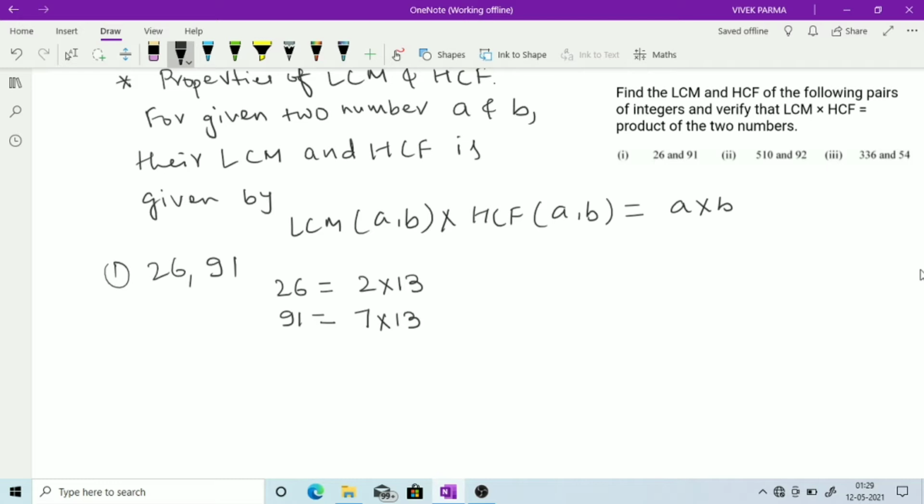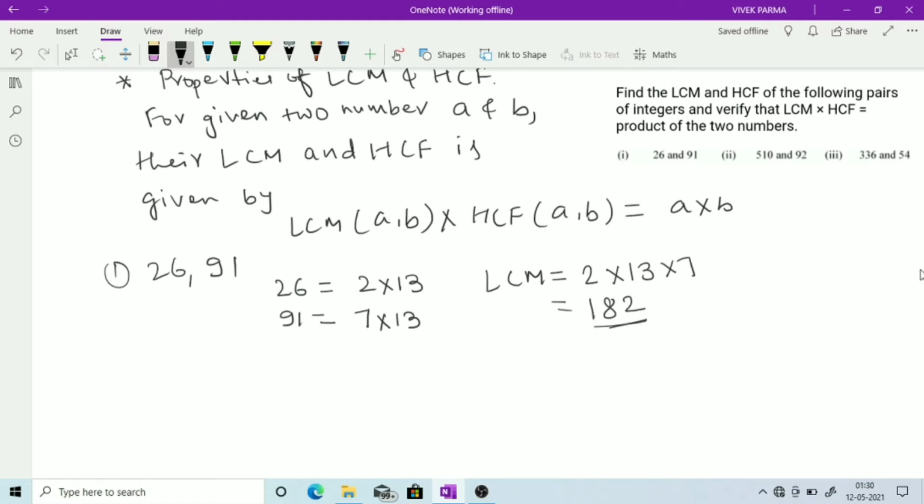So here, as we know, what is LCM? This is the product of the highest power of each prime factor. So here the LCM is 2 into 13 into 7, and this will be 182.